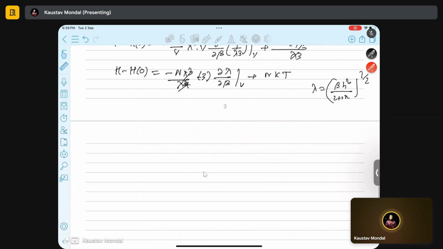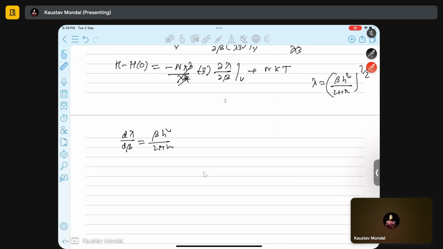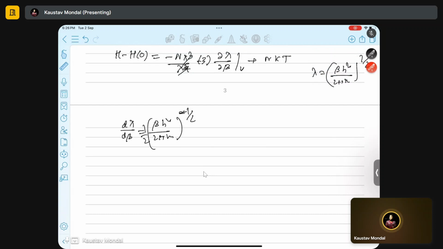Now if you do the derivative of lambda with respect to beta, d lambda d beta is equal to beta h square by 2 pi m, with the power minus half. So that del lambda del beta you can calculate.